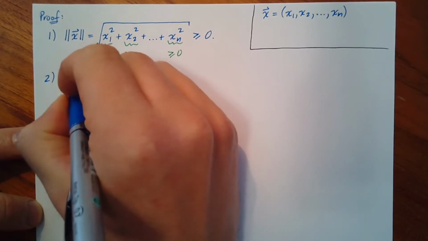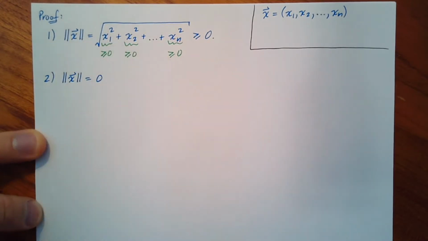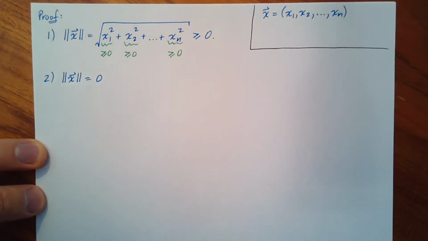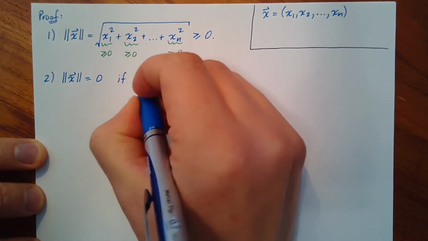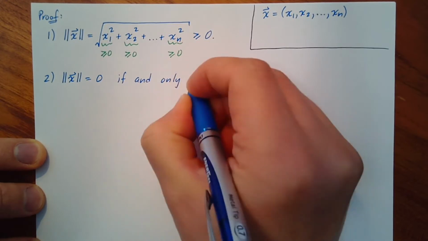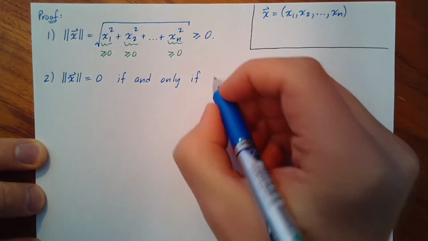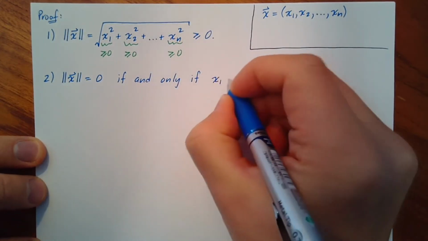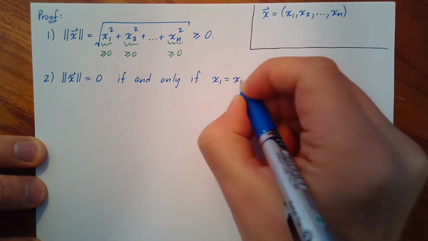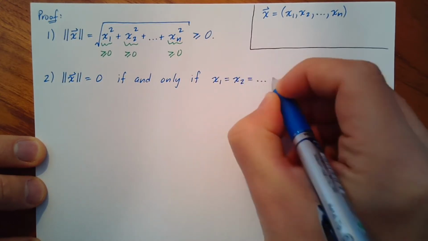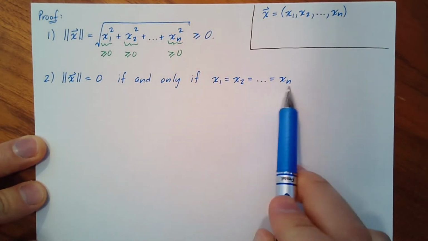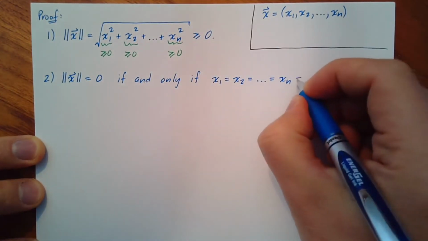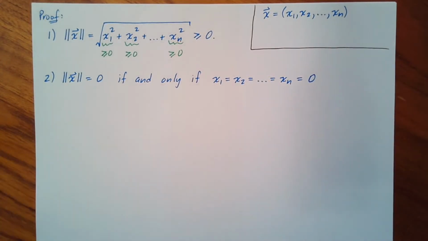The norm of the vector x is equal to 0, just based on the observation we just made, if and only if each of the coordinates is equal to 0: x1, x2, all the way up to the very last coordinate. So this part's saying that all the coordinates are equal, and then finally not only are they all equal, but they all are equal to 0.